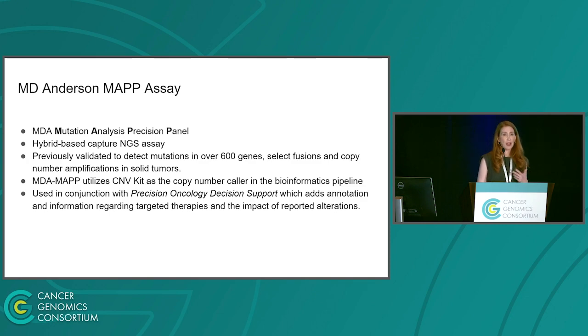And just starting this year, we've been using this in conjunction with precision oncology decision support, which adds annotation and information regarding targeted therapies and the impact of reported alterations. So being able to report copy number loss was really exciting as we were looking at some of these cancers that have pretty important implications.